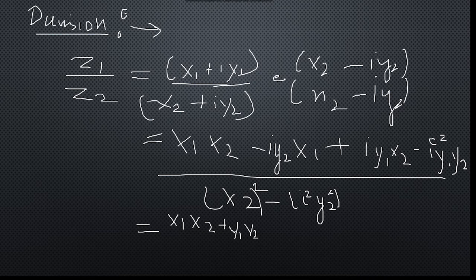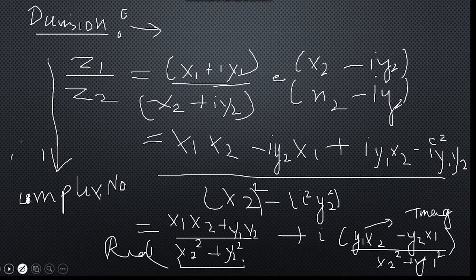Solving the numerator, we collect the real part together, and the imaginary part consists of iota times y1 x2 minus x1 y2. So we infer that division also gives us a complex number.